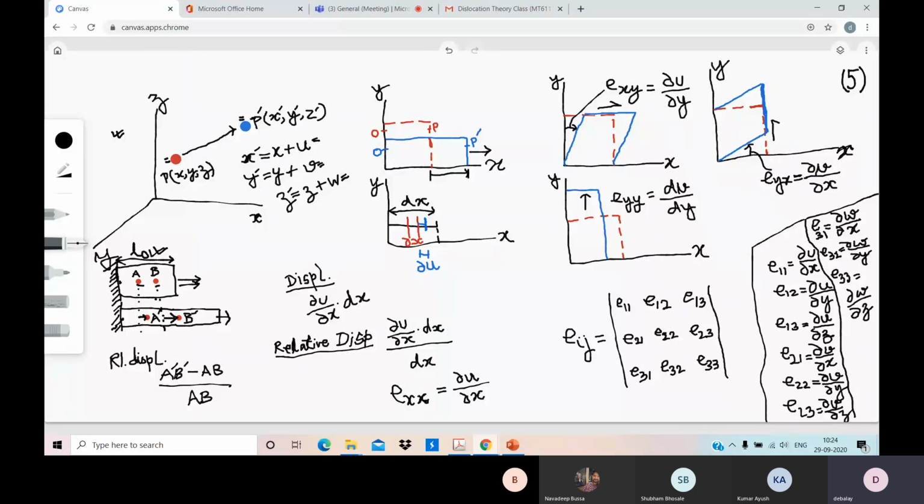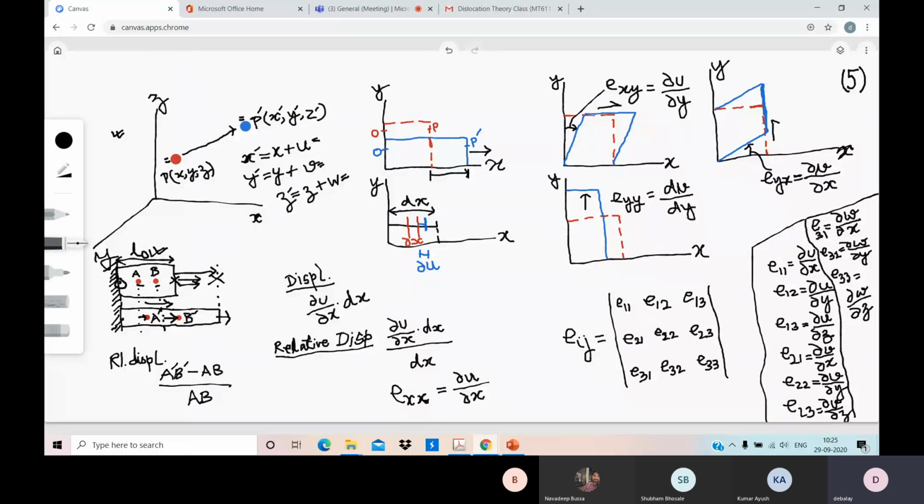But as you go along the x direction, you will find the points are shifting more and more. For example, if you take a point here, that point will now shift to here. So this much is the shift of that point, whereas a point that is tightly attached with the hinged point is not shifting.